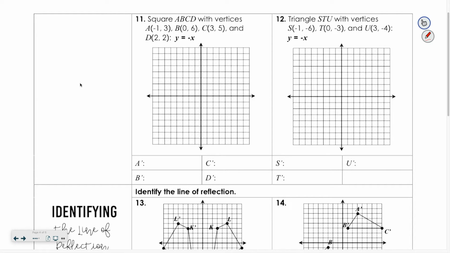All right, so you should have graphed your square, and then this is y equals what? Y equals negative x, so we got to go this way. Why do you have to graph the line?